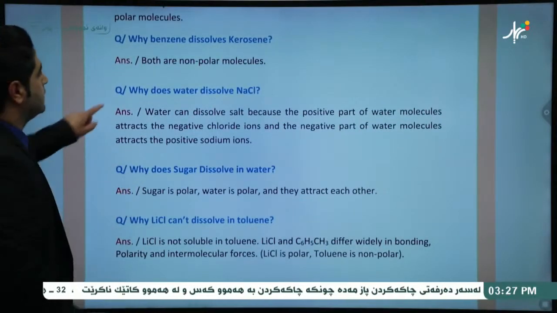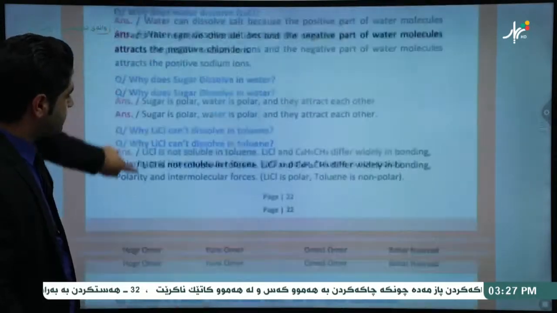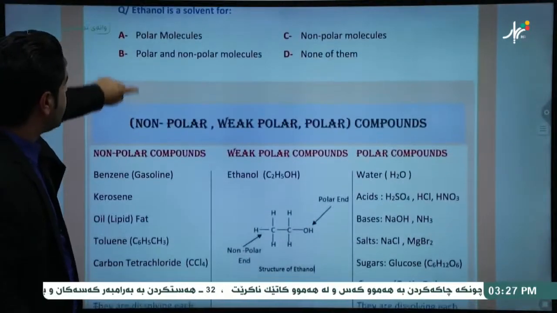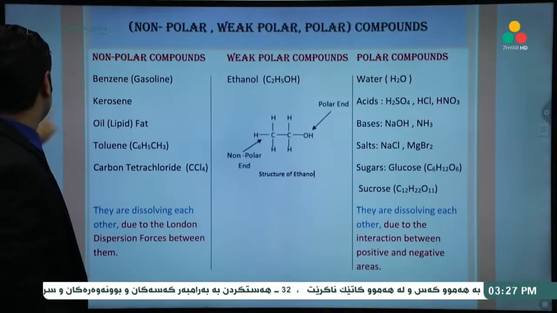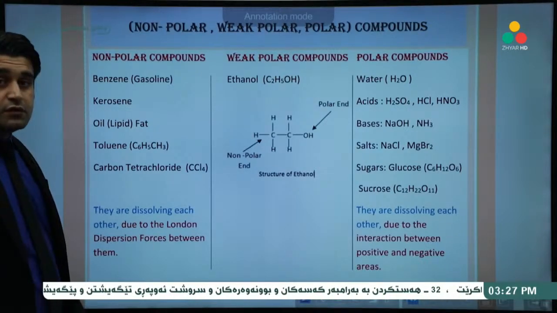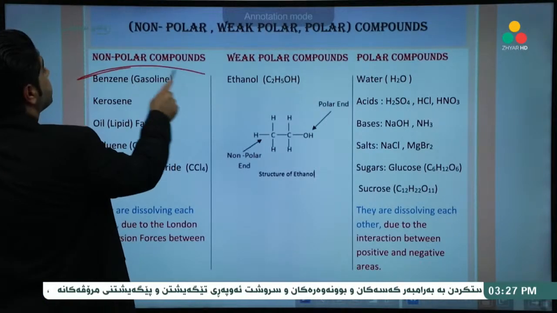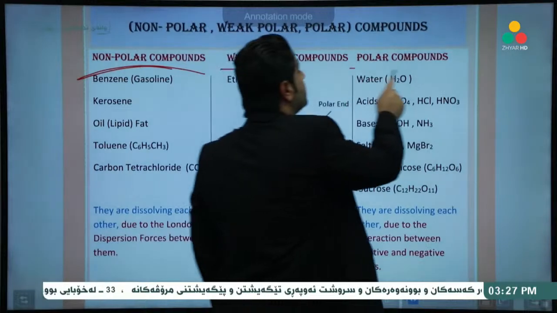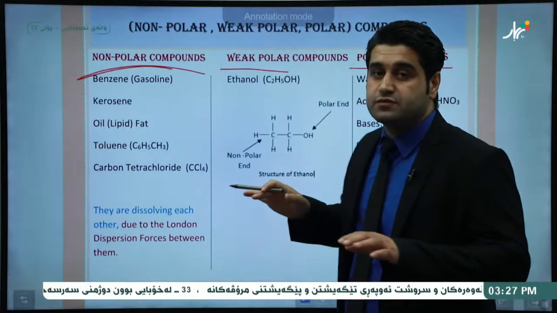Now, before going to study that, we have to learn this table. It's very important. No, it's super important. We have to recognize non-polar compounds and polar compounds, and there's a bridge between them.